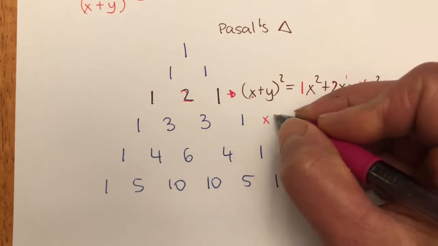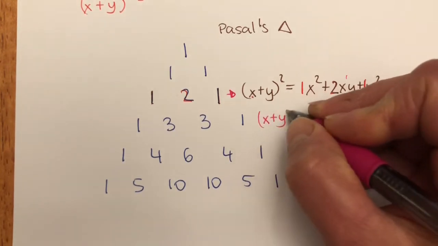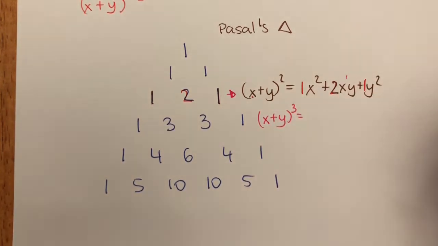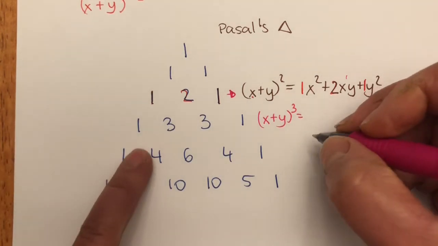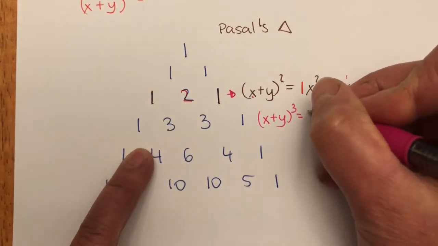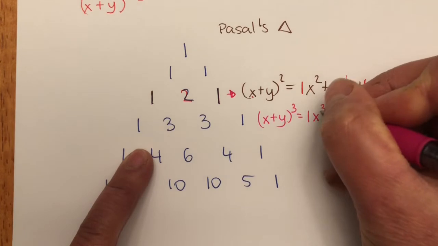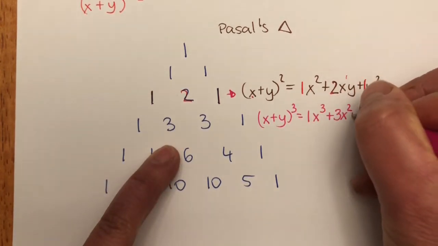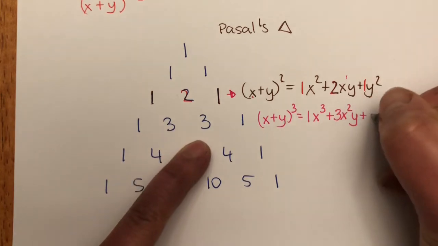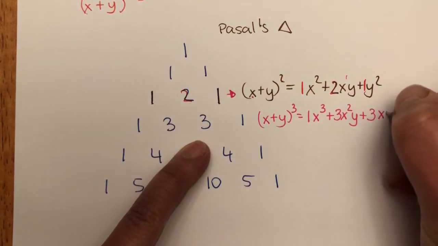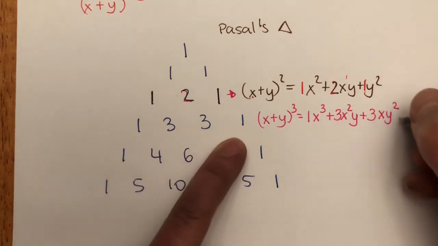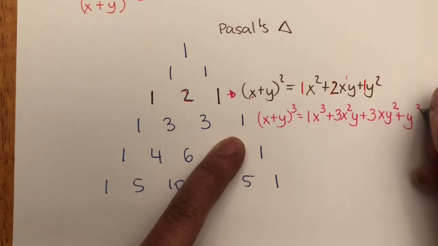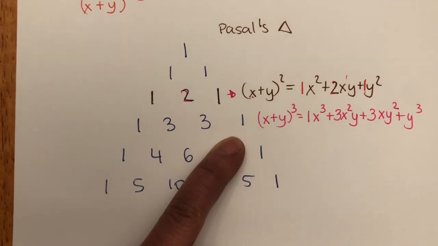Let's see, I did not want to do x plus y to the 3rd power because I said it would be a lot of work. But now if I follow my pattern, this is going to be 1x to the power of 3 plus 3x squared y plus 3xy to the 2nd power plus y to the 3rd power. So let's take a look.